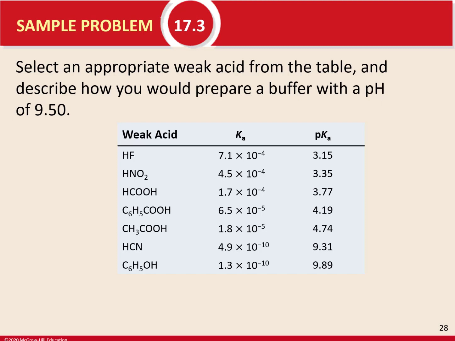All right, so if you're looking at this table, which buffers would be best for a pH of 9.50? Well, right off the bat, you know it's not this one, this one, this one, or this one, or this one. So now we're down to these two. These are appropriate buffers for 9.50.